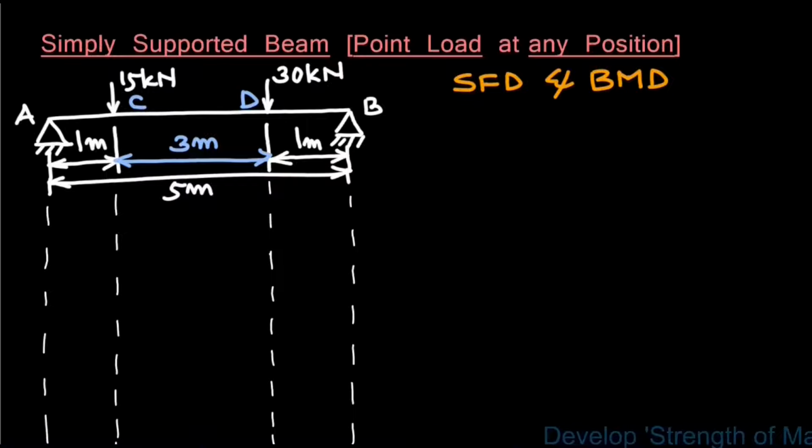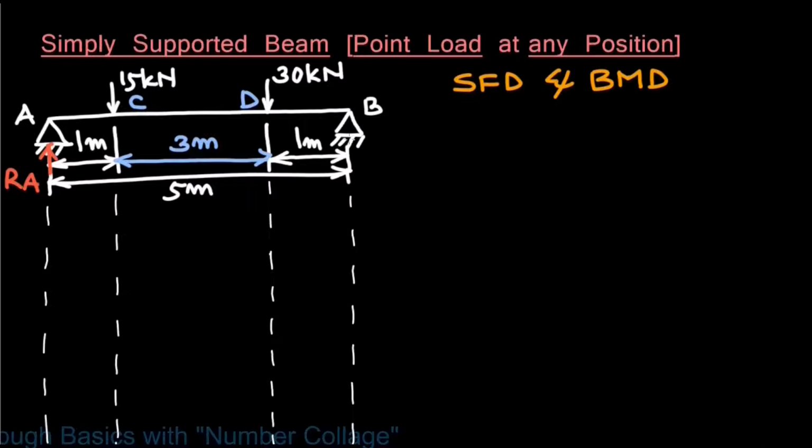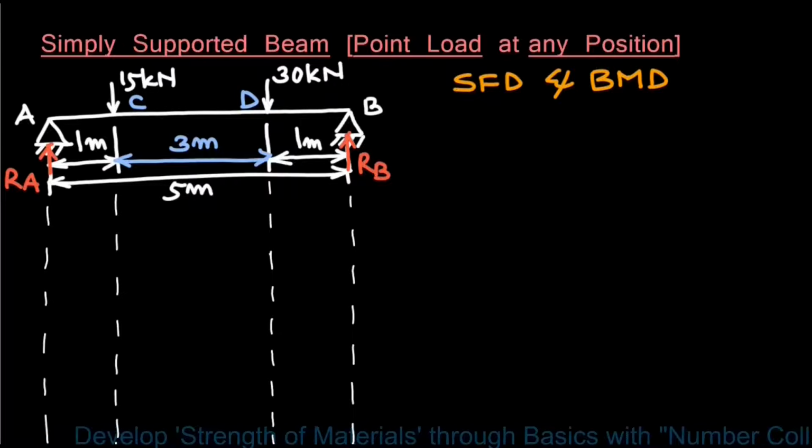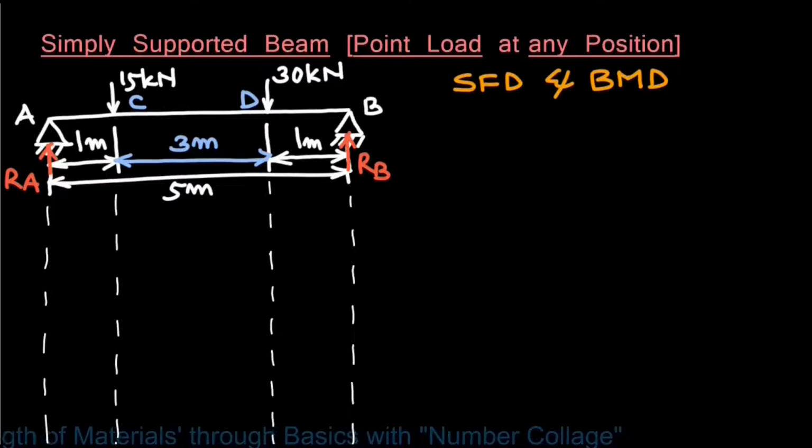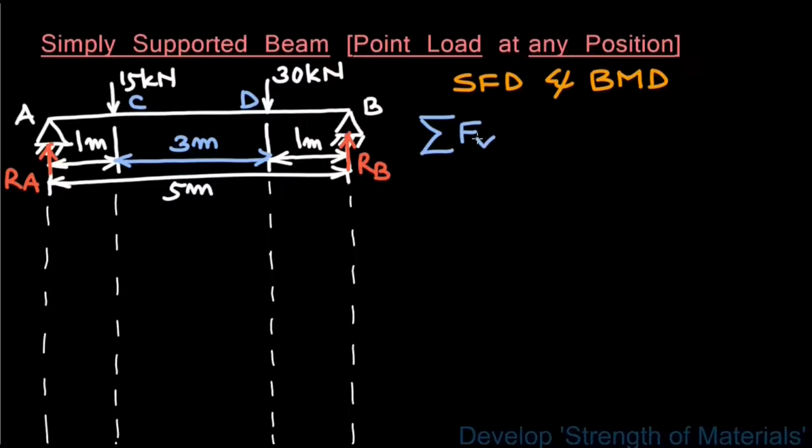Support reactions due to the load at point A is RA upwards and RB upwards. The loads RA, RB, 15 kilonewton and 30 kilonewton are coplanar and non-concurrent forces, and we have sum of vertical forces equals 0.